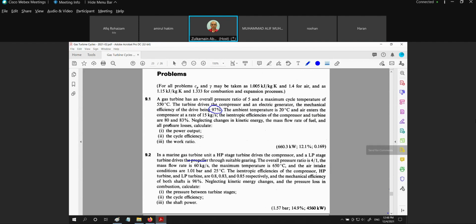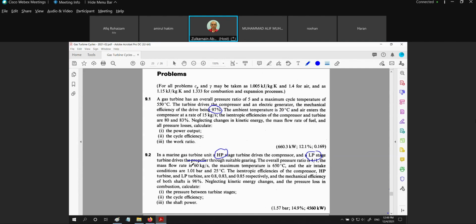Now, how many compressors? For sure, we have two turbines: high pressure turbine and low pressure turbine. The mechanical efficiency of both shafts: it is said that the high stage turbine drives the compressor and the low stage turbine is driving the propeller, which we assume is the electrical generator.